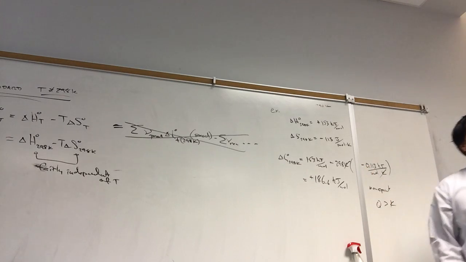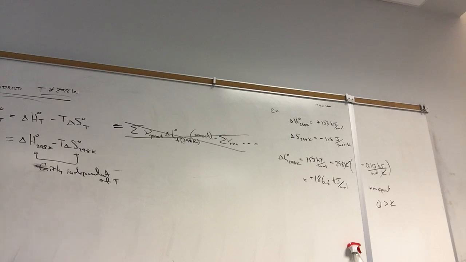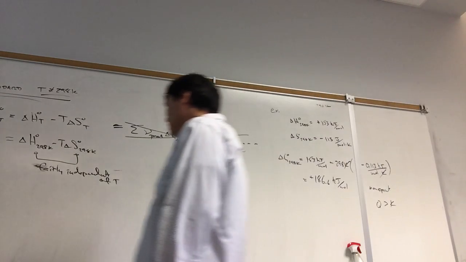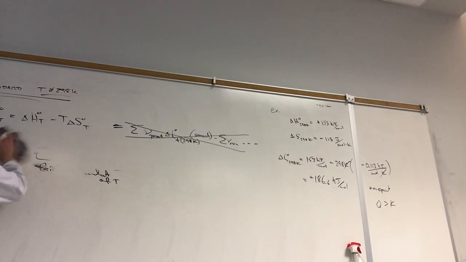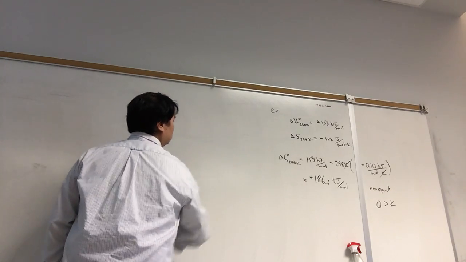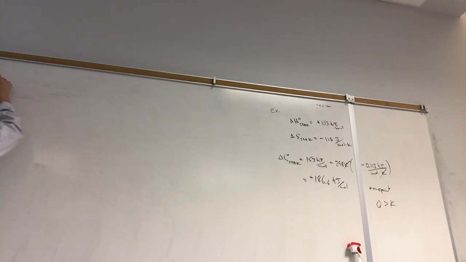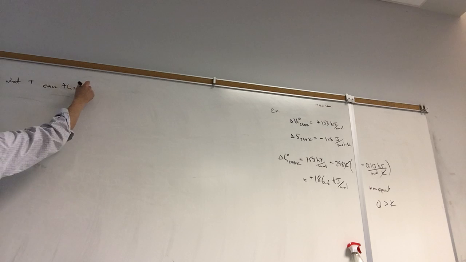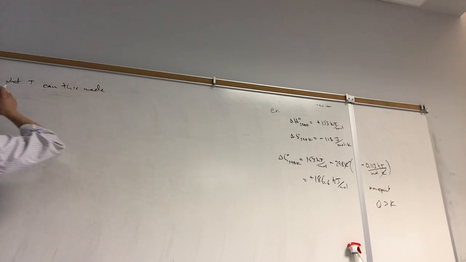But you know what? I want to adjust the temperature. And so this is what I'm going to do. At what temperature can I make this go spontaneous? How is Q greater than K? Yeah, because delta G is greater than 0.